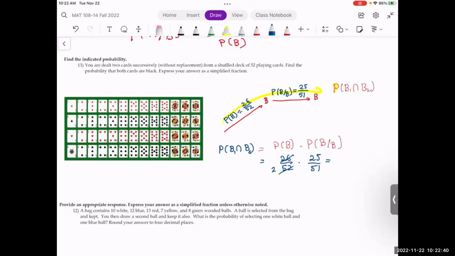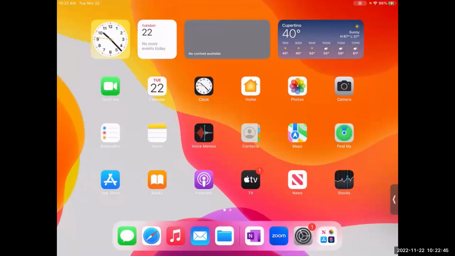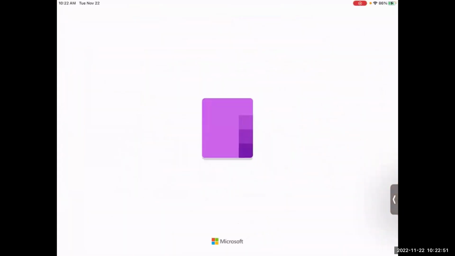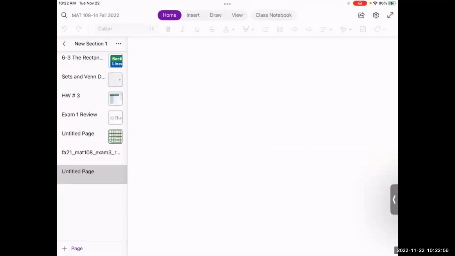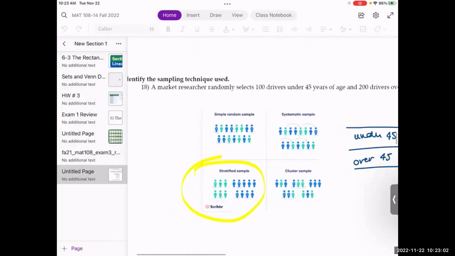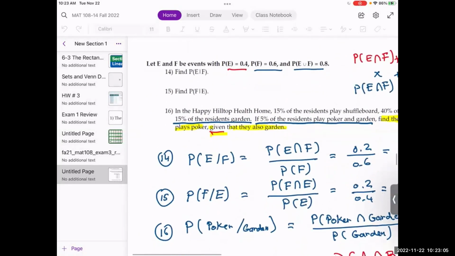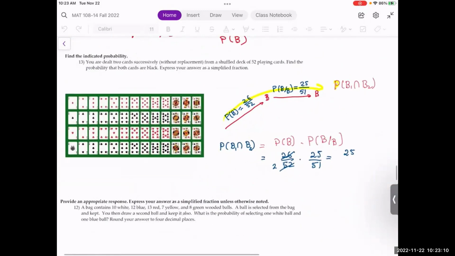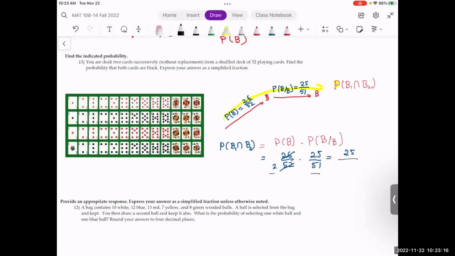And then you're going to have 25 divided by 2 times 51, you're going to get 102, right?